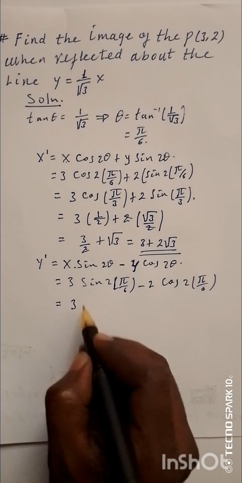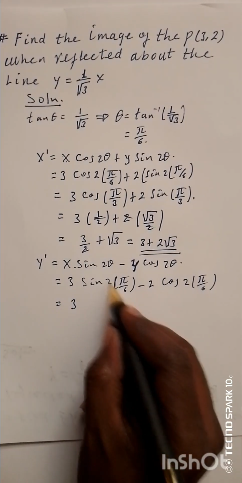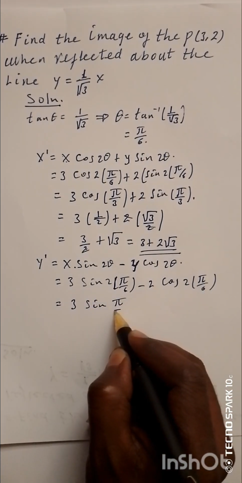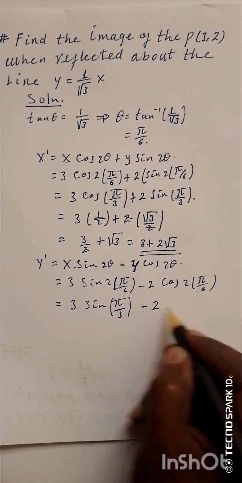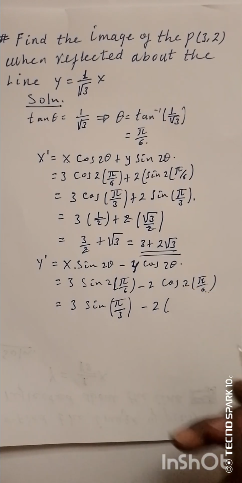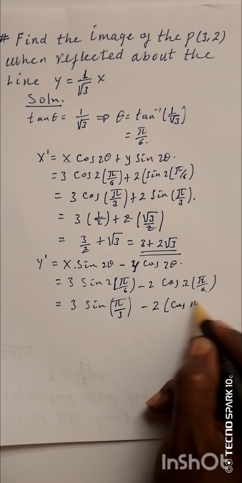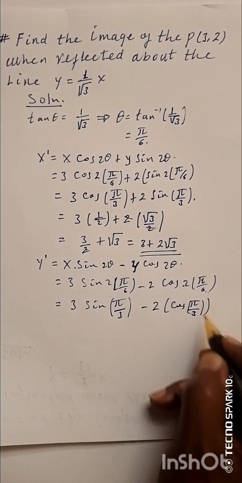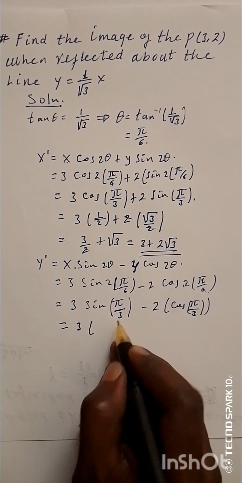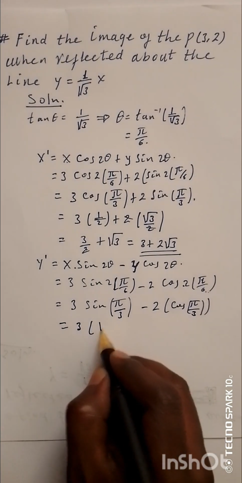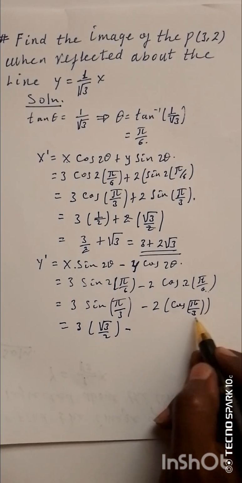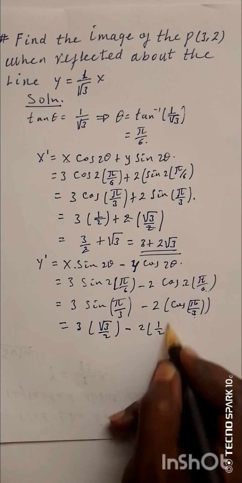So here we have 3 into, this cancelled by this one, then sin 2 divided by 6 is π/3, minus 2 into cos of π/3. Sin π/3 is 3 into root 3 over 2, minus cos π/3 is 1/2, 2 into 1/2.